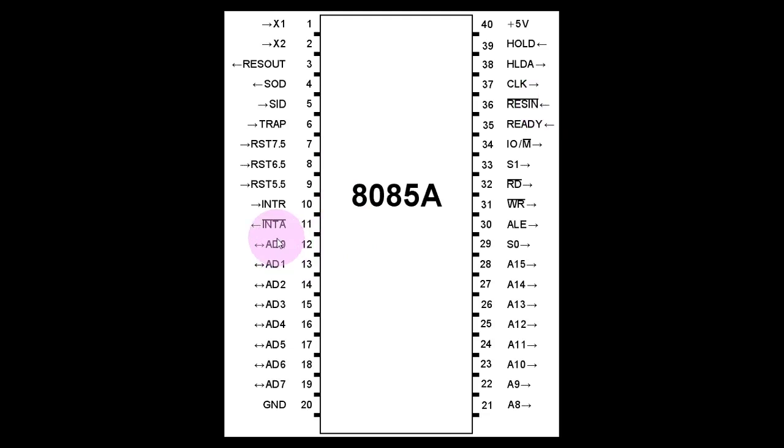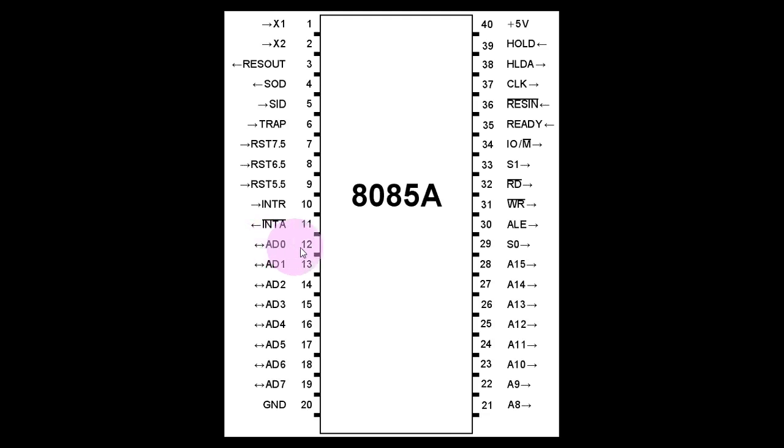You have got these address lines here. You can see AD0, AD1, AD2, AD3, etc. till AD7. So these are a combination of 8 bits, 0 to 7. These are used as multiplexed address and data lines. We have talked about it.